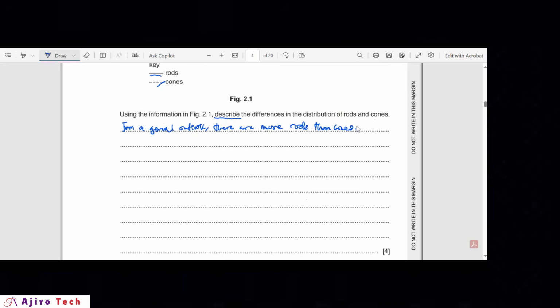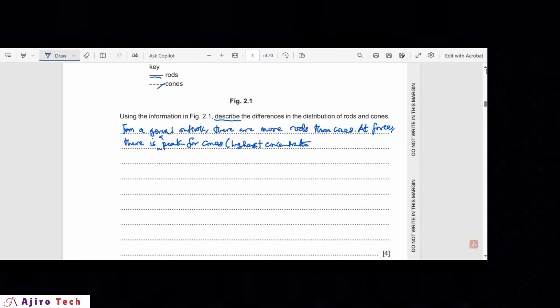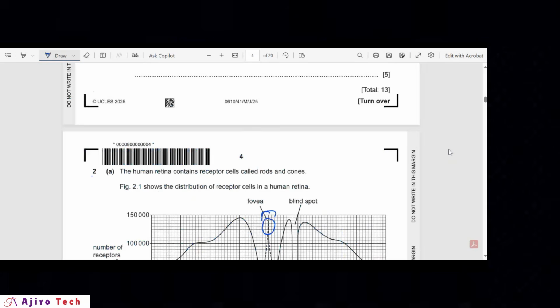And we also saw from the general overview that at the fovea, there is a peak for cones, which suggests that we have the highest concentration of cones here, the highest number or highest concentration.